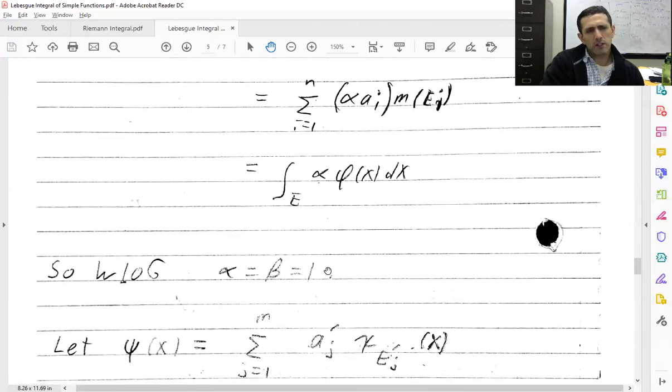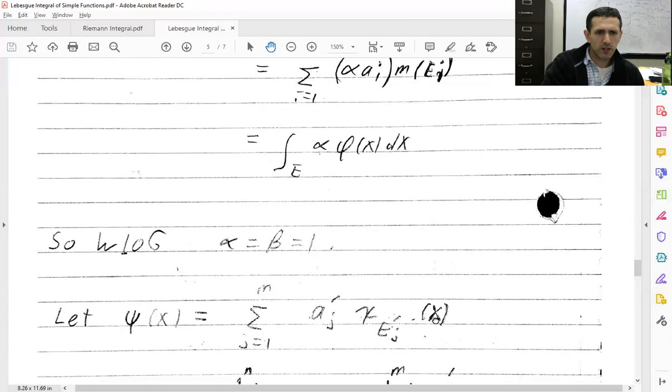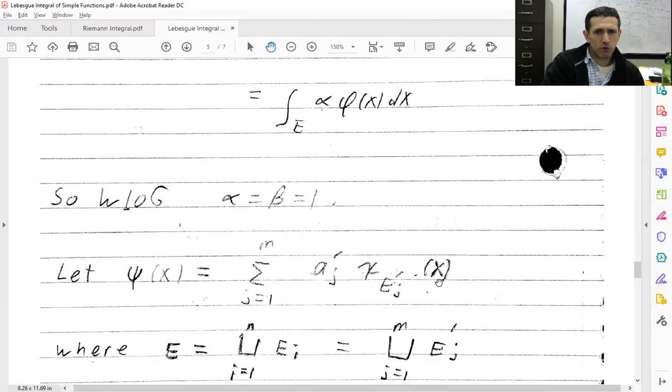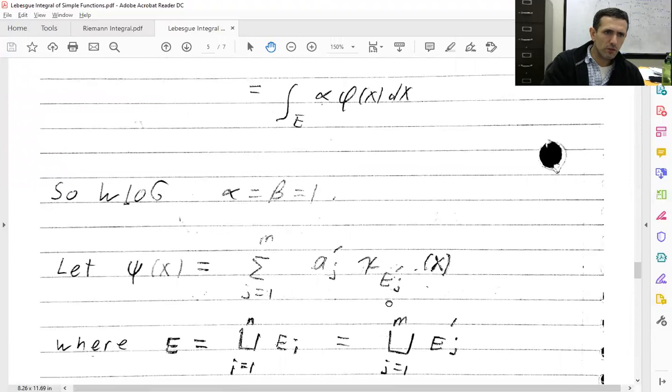Okay, so now let's write the canonical decomposition of psi. So the sum from j equals 1 to m of a_j prime times the characteristic function of E_j prime at x. Because we're writing these functions in terms of the canonical decomposition, as I mentioned, E is going to be the disjoint union of the E_i's, and it's the disjoint union of the E_j primes.